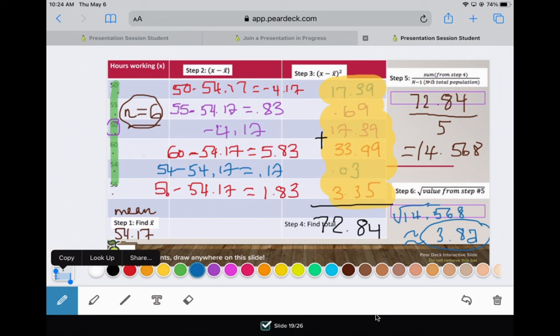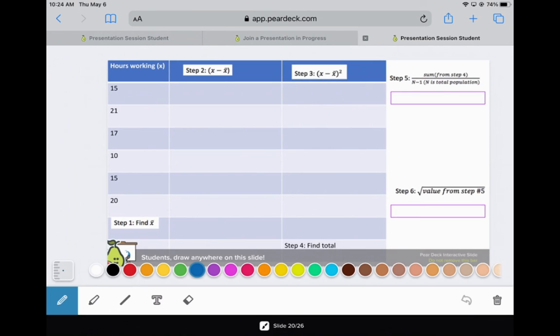All right, so here is the one that I want you to work on right now. I'm going to move to the next slide. I gave you the smaller values. I listed out all the steps for you, and I want you to do this one. This is your practice, okay? You can do it in Paradox or on a piece of paper.